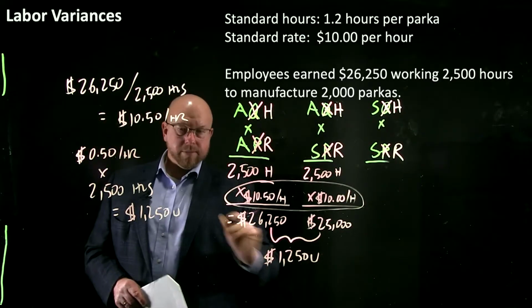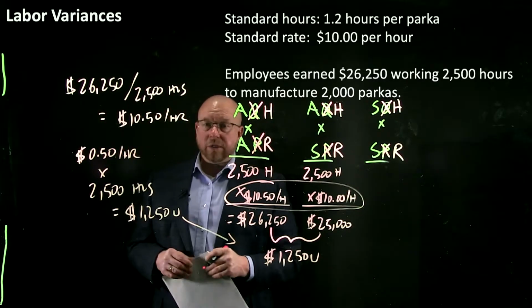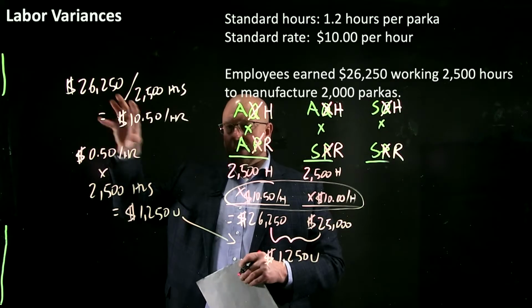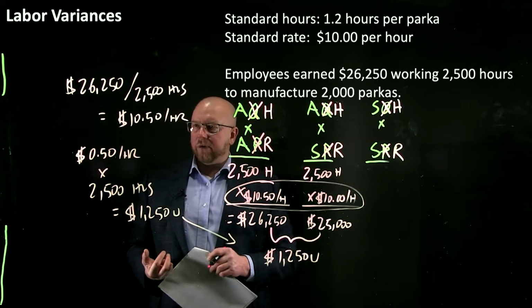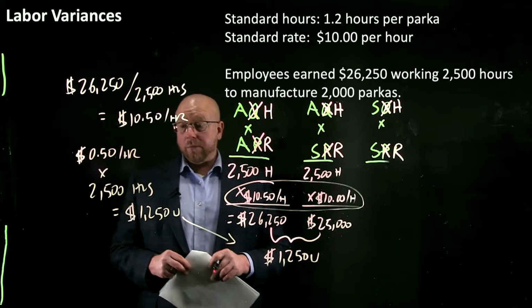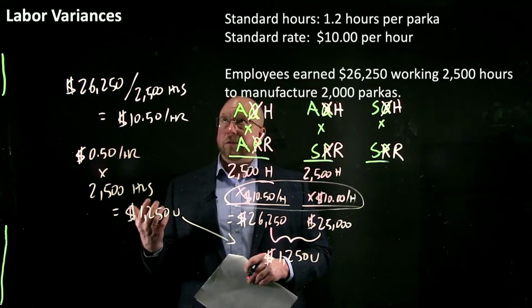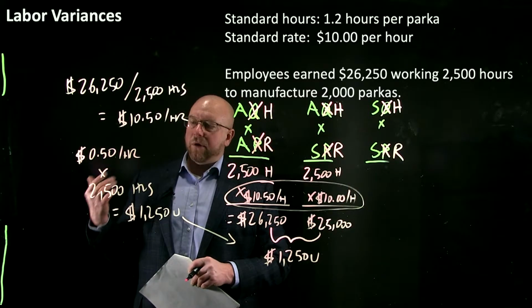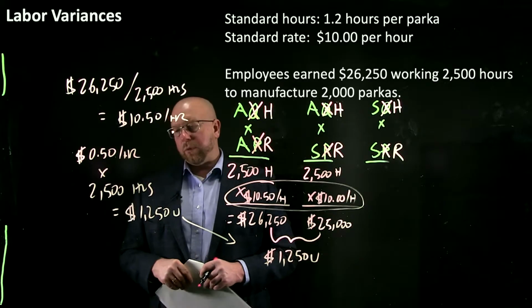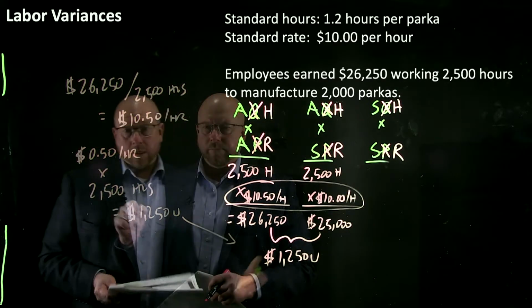You can do it this way if you want to do it kind of the shortcut way. And quite frankly, this is the way over here that I typically do it because it helps me conceptualize. I can take a look very quickly and say, well, the standard rate is 10. We actually paid $10.50. That's an extra 50 cents per hour. Bigger expense. It's unfavorable. How many hours did we work? 2,500. I can get you to that unfavorable variance right away.